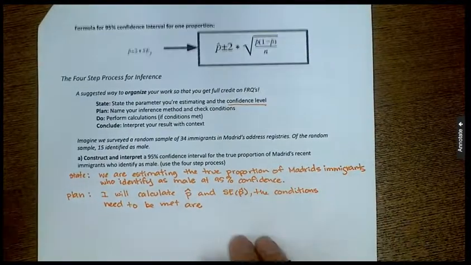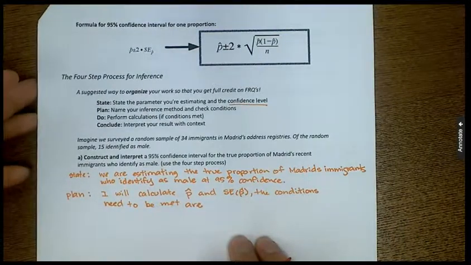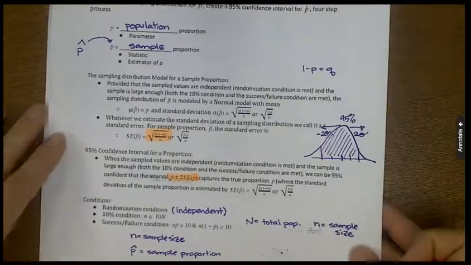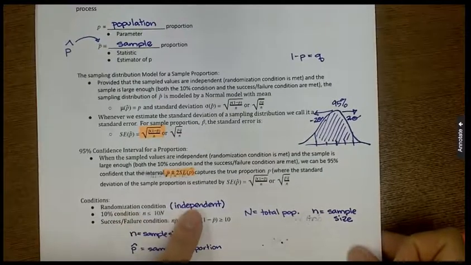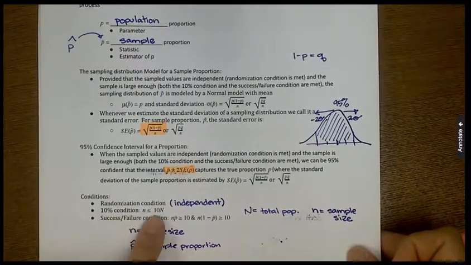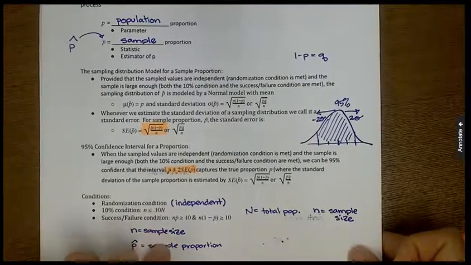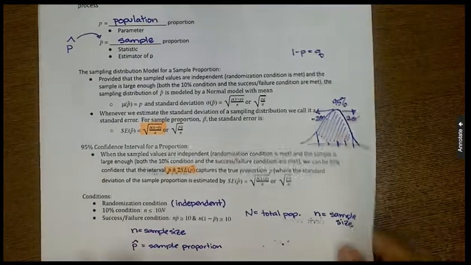I think we might have briefly touched on this in the beginning the other day, but we didn't talk about this again yet in the video. But remember we talked about these 3 conditions: the randomization condition, meaning that the sample needs to be independent, the 10% condition, and then the success failure condition. All of these conditions need to be met. So I'm going to show here that they are going to be met.